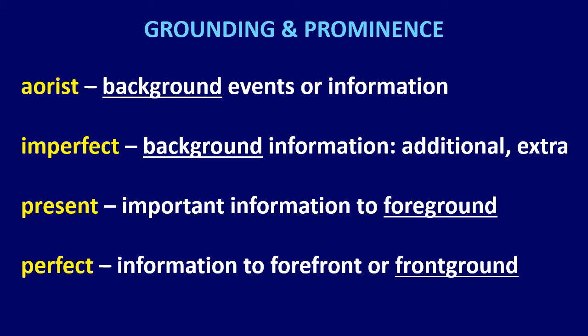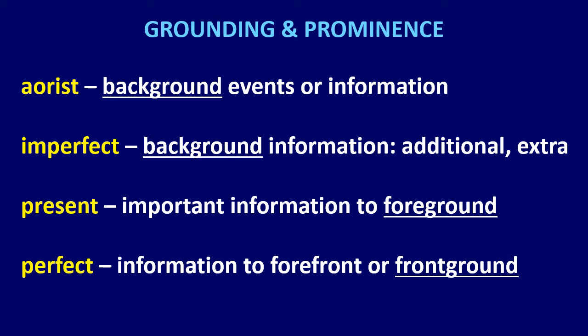But then when you've got the perfect tense form, that's where the writer or speaker is often trying to really focus your attention on something being in the very forefront of the story, or to coin a phrase, in the front ground. So think of, again, adjusting lenses to focus, to zoom in or zoom out on a setting. You've got things more in the background, the larger context.